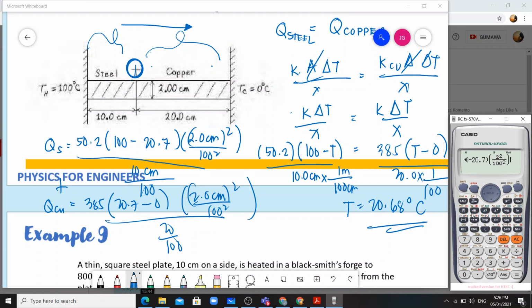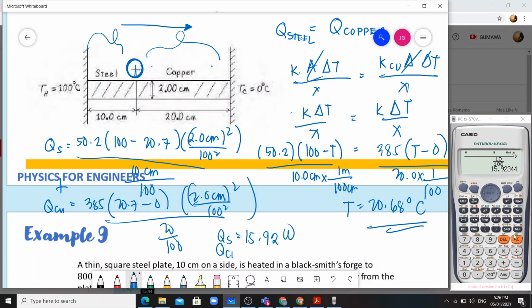Okay, conversion lang yan, guys. Next, over 10 over 100. Okay, conversion lang din yan. So, ang QS natin is 15.92 watts.